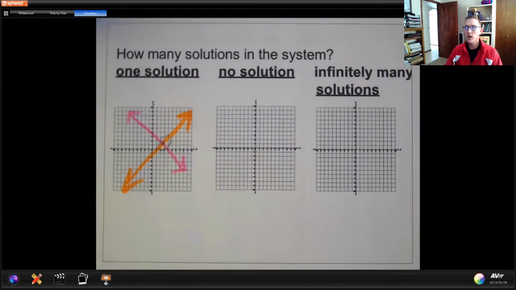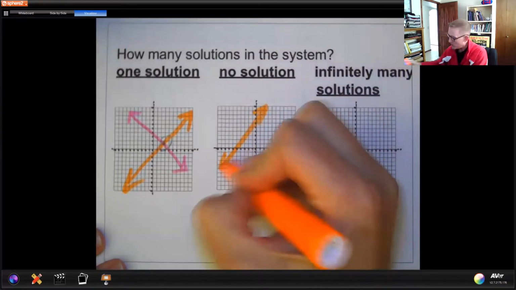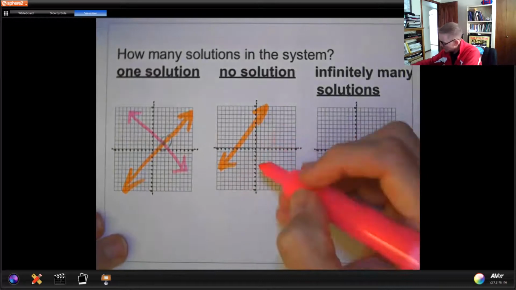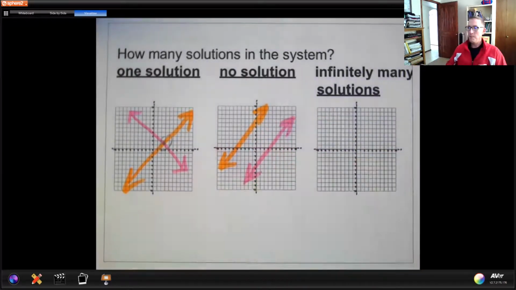So what kind of lines will never, ever cross? You got it. Parallel lines will never, ever cross. So I'm going to have one line that looks like this and another line that looks like this. And parallel lines will never, ever cross.